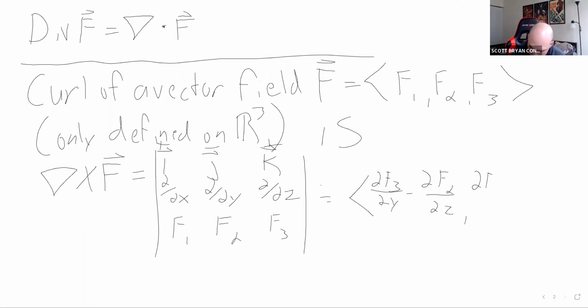Then we have the partial of F1 with respect to z, minus the partial of F3 with respect to x.